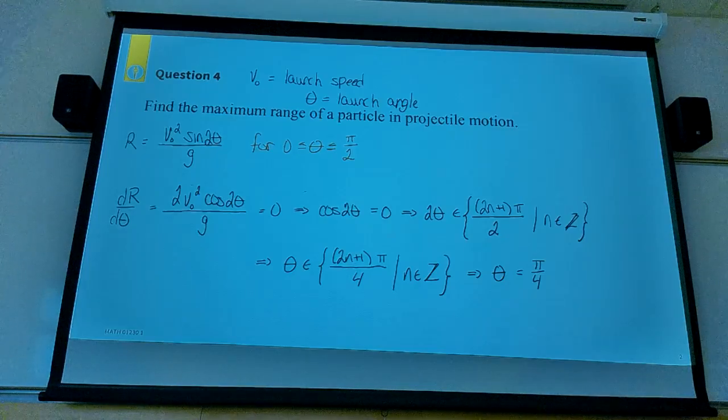There's a few things you could do. You could plug in all 3 values to the original range and find out which is the largest. You could set up your test intervals. If it goes from increasing to decreasing, it's a max.